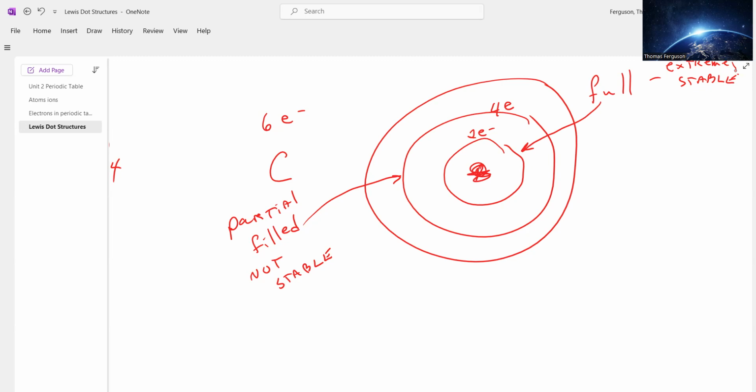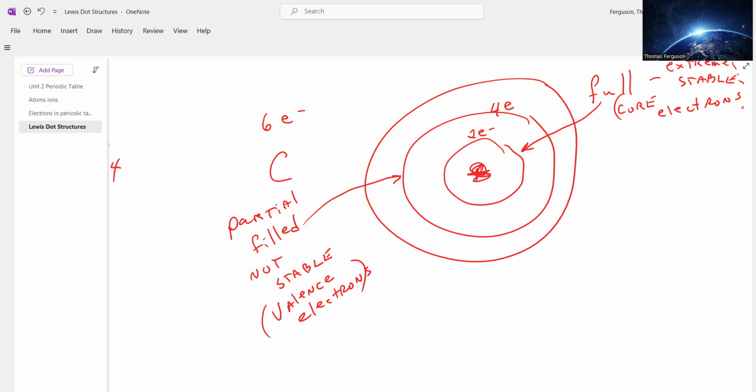Okay, so we're going to name those classes of electrons. These are called core electrons. And the unstable ones are called valence electrons. Now, there's one exception to this here. If the outermost orbital is full, that's still the valence electrons.